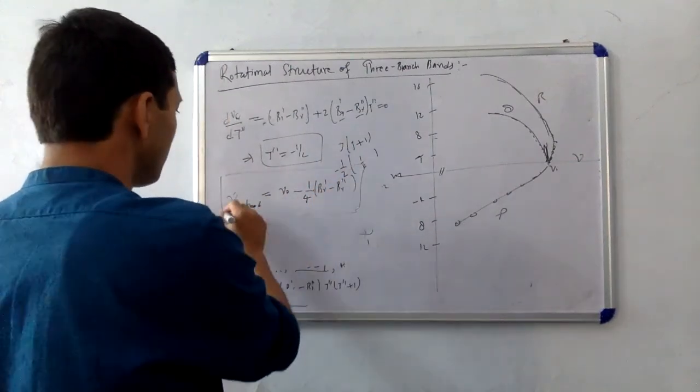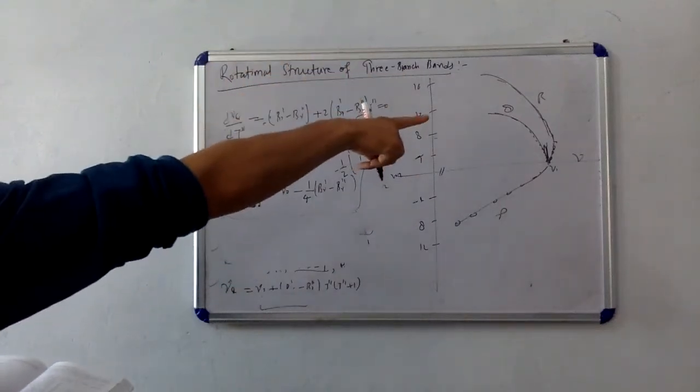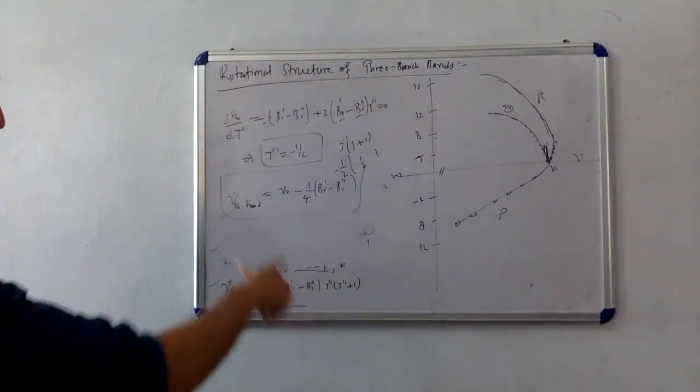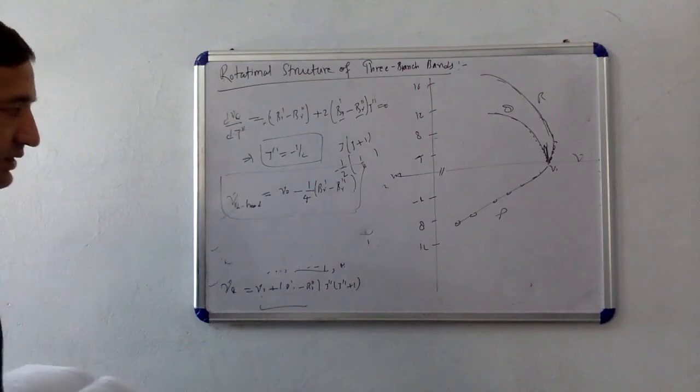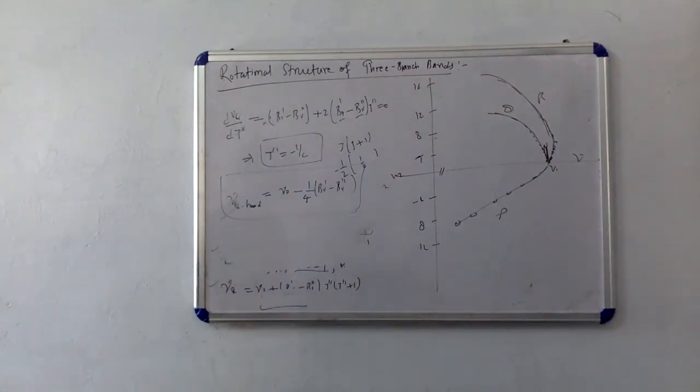So the head is forming for this case, and for the case of the R and P it remains the same as what we did in the last class. For the Q branch we have the head formation is this one, corresponding to J double prime is equal to minus half.